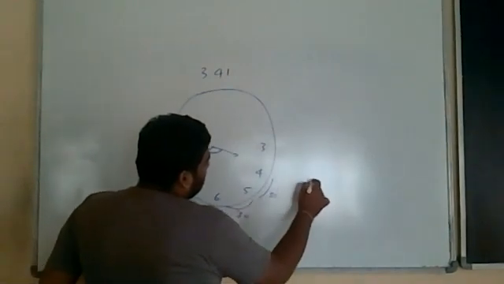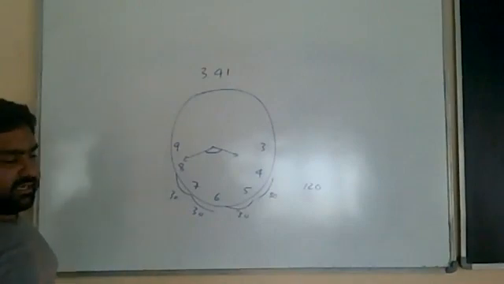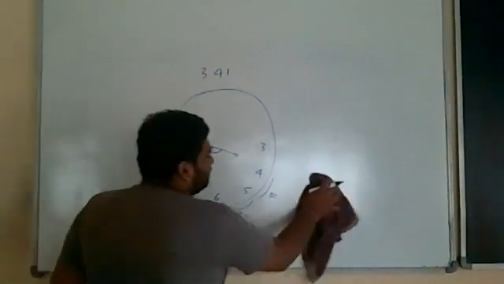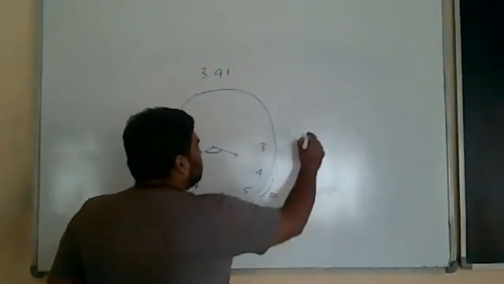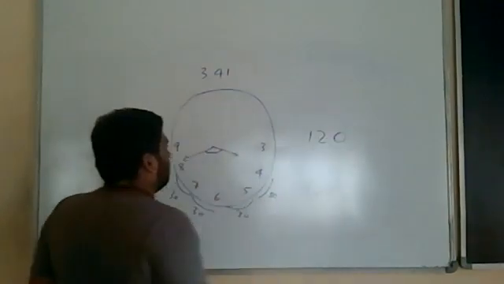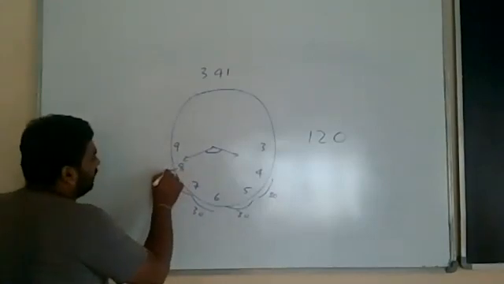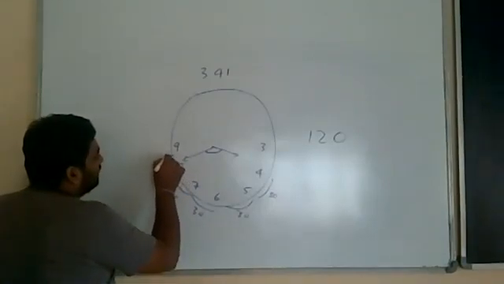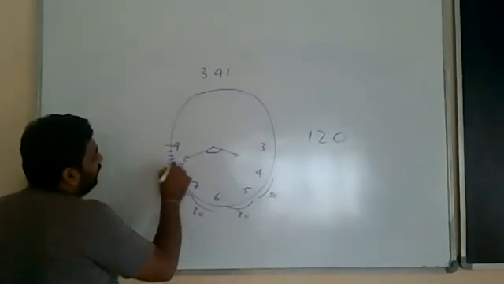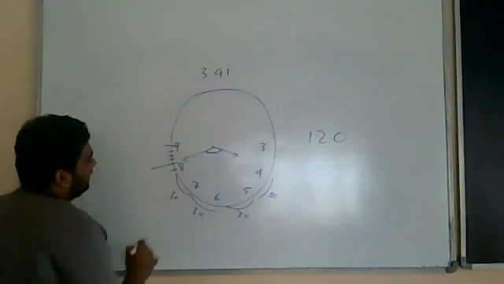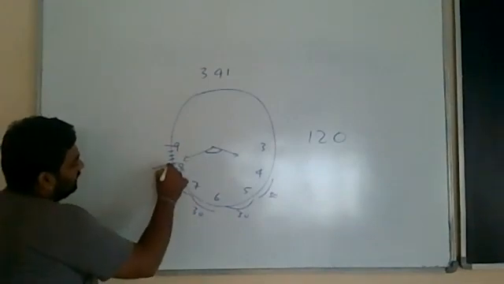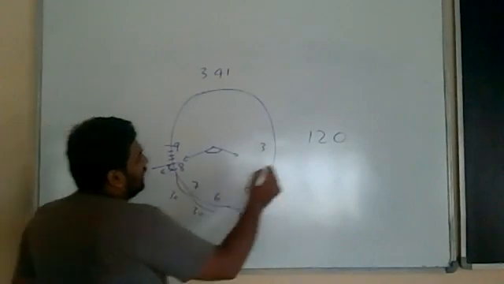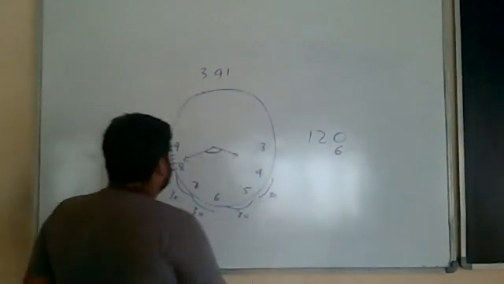Totally it is 120. 120 is fully covered. Correct? Yes, sir. 41 means, see, this is 40, then 1, 2, 3, 4, and 5. 41 means it is at this point, and this is 6 degrees. So I have another 6 degrees.